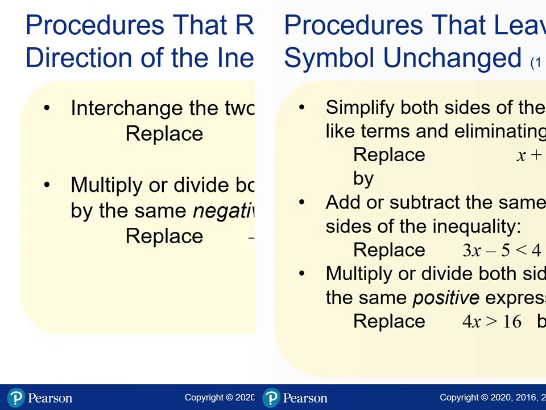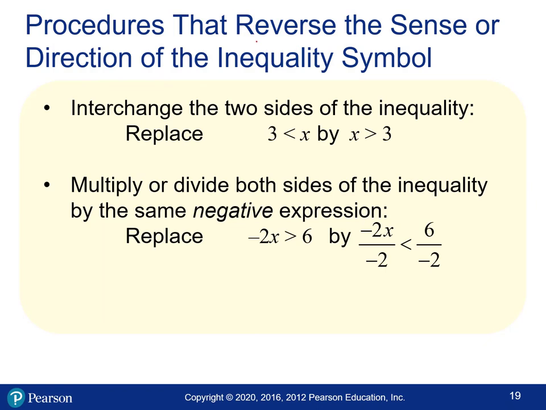Now the difference is when you are going to change the symbol, and we would say reverse it, that would happen in two situations. If you interchange the two sides or replace something, then your symbol is going to flip. So that would be if I said something like 3 less than x, but then I wanted to write that the opposite way, then my symbol would look like it flipped, but everything would flip.